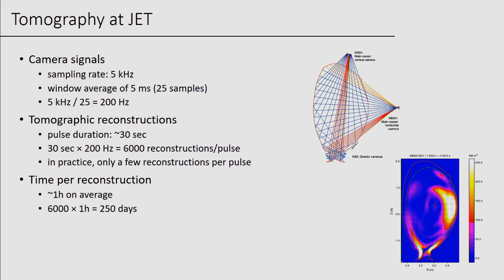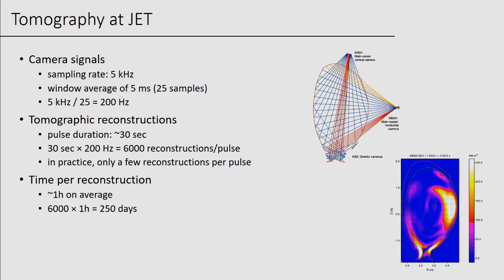So let's start from below. Each reconstruction could take 1 hour. I will simplify things, and I will just tell you that we should have 200 reconstructions per second of experiment time, of course.